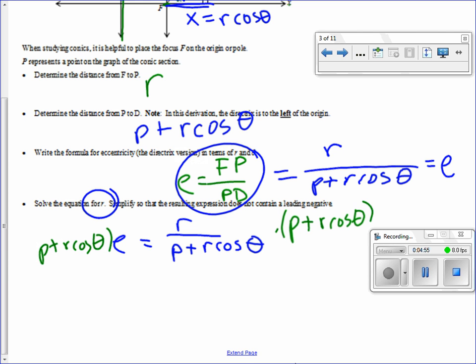And so on the right side, it cancels out. So I just have R equals. And then on the other side of the equal sign, I have to distribute that e. So I get EP plus ER cosine theta.